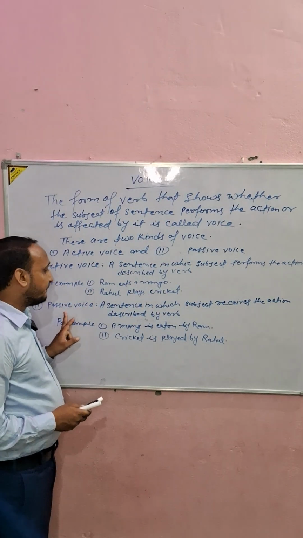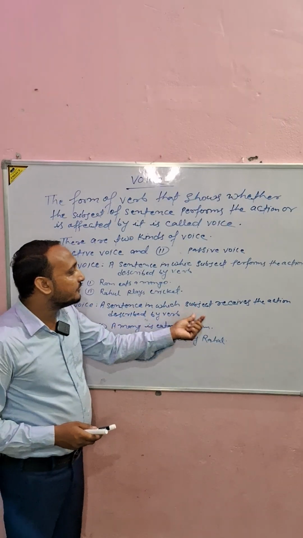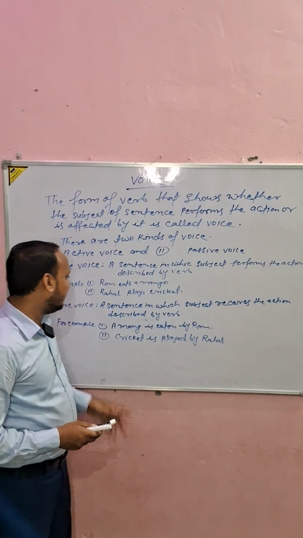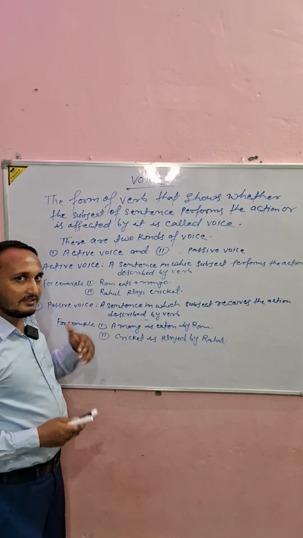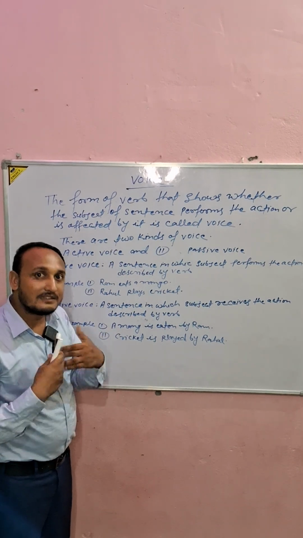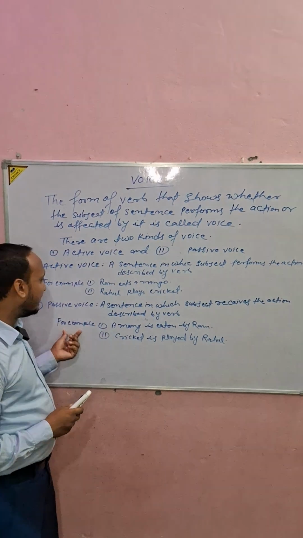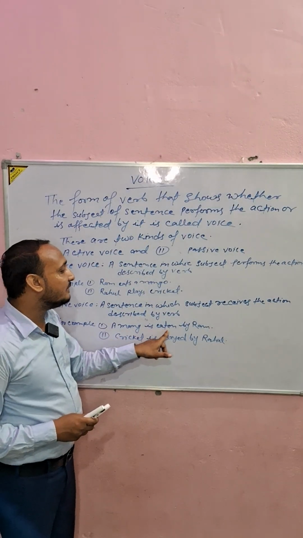Now passive voice: a sentence in which the subject receives the action described by the verb. In a passive voice sentence, the subject is always the receiver. Mind it. For example, a mango is eaten by Ram.